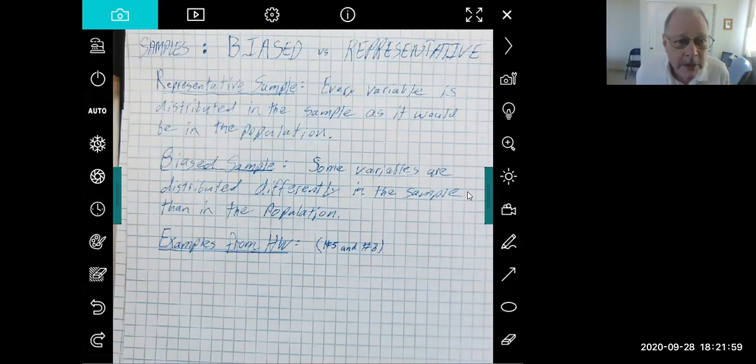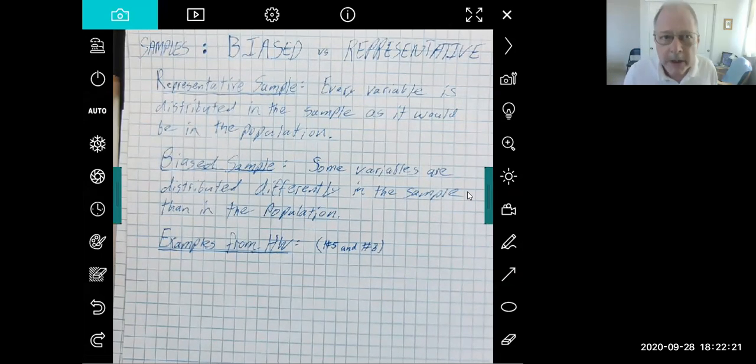So what's the difference between a biased sample and a representative sample? In a representative sample, every variable is distributed in the sample as it would be in the population. What do I mean?